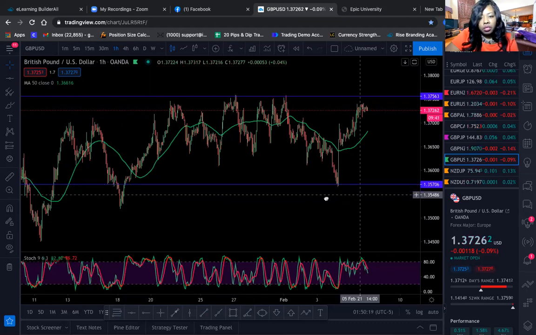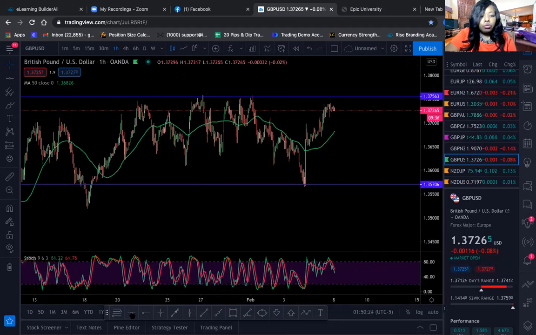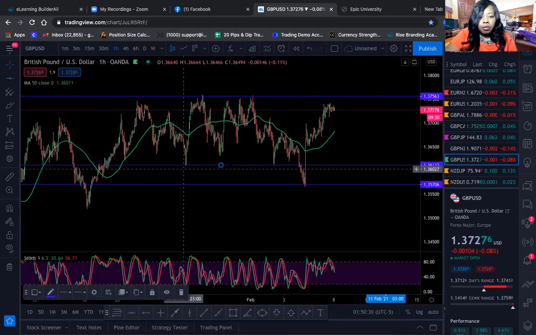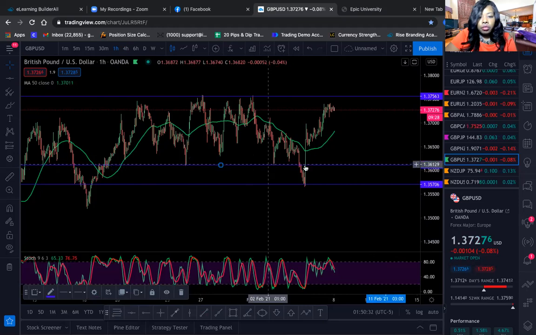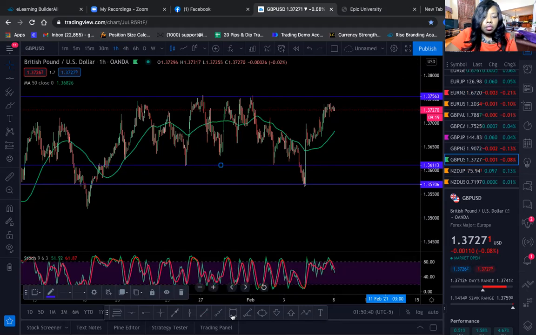Now, I know that's a little detailed. I'm not going to go into all of that on this training, but what I like to do is mark up a few levels of support and resistance. See where it hit there, and it hit there as well, and it acted as support. And here it acted as support and resistance. Okay, so that's a good level to keep an eye on.